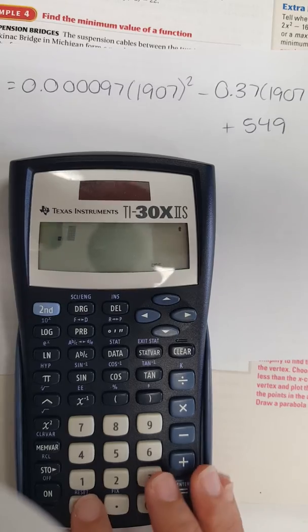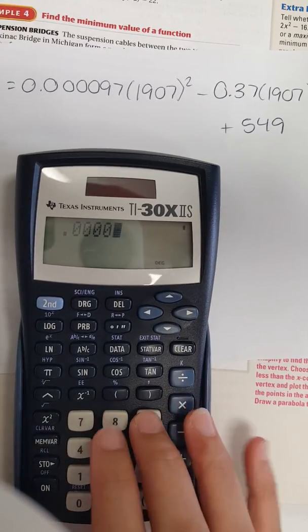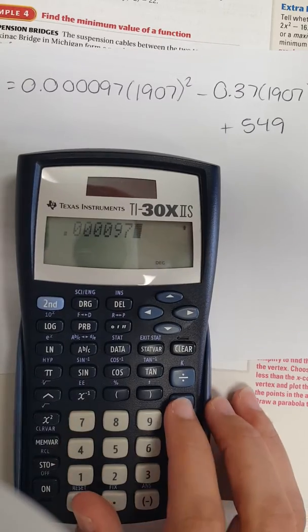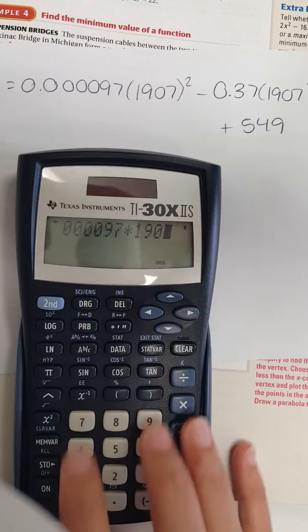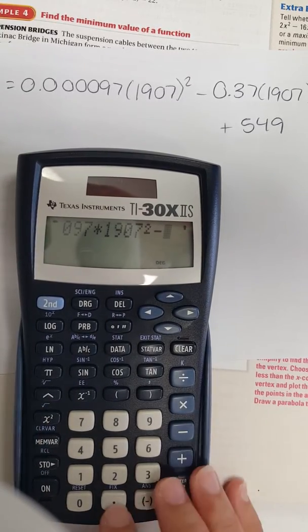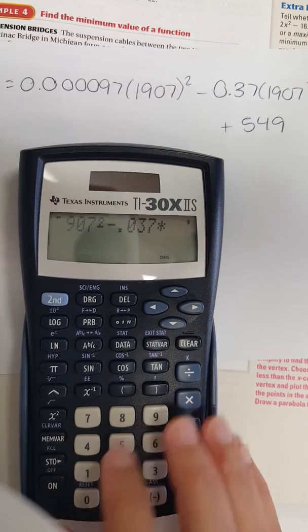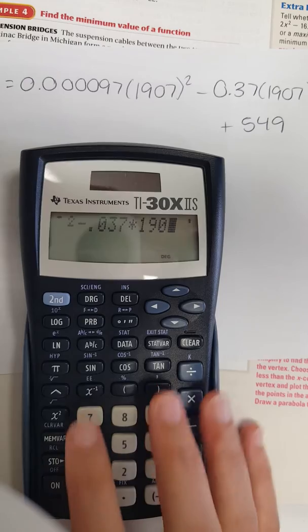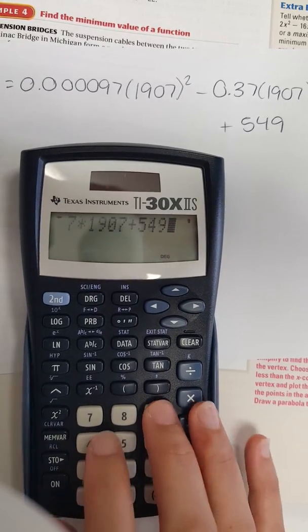There's the light. 0.000097 times 1907 squared minus 0.037 times 1907 plus 549.